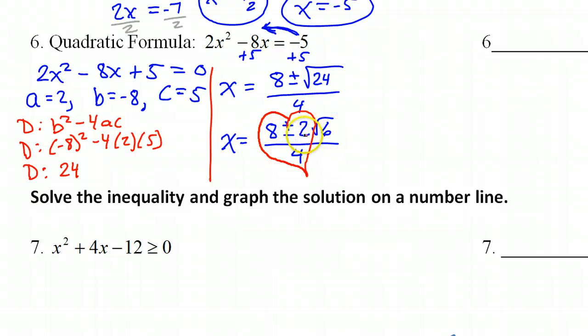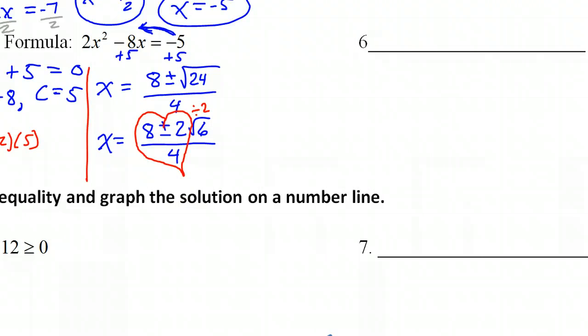The radical 6 has nothing to do with it, and it's all or nothing. If there's a common number that you can divide all three of these by, do it. If it's just 2 of them and not the third, forget it. All of these are divisible by 2, so we must do that. We'll divide the heart by 2. I like the heart thing. And once we do that, that should be the final answer.